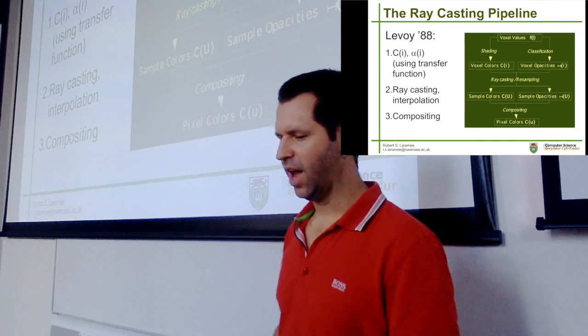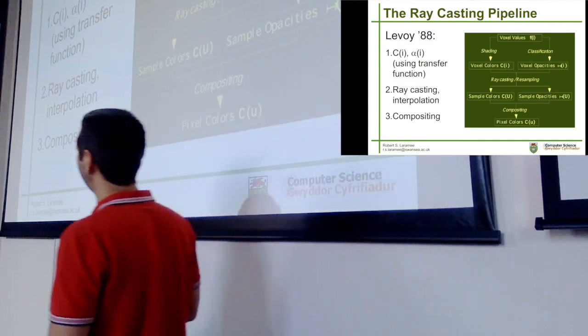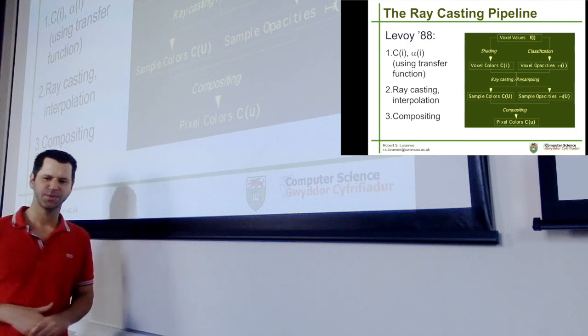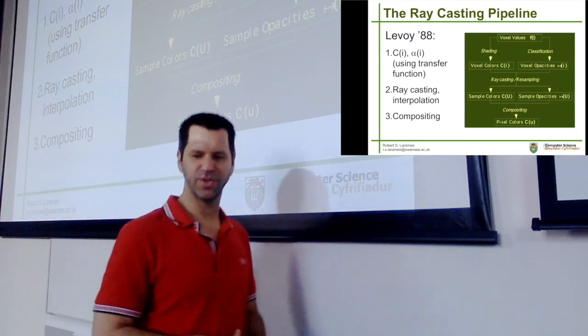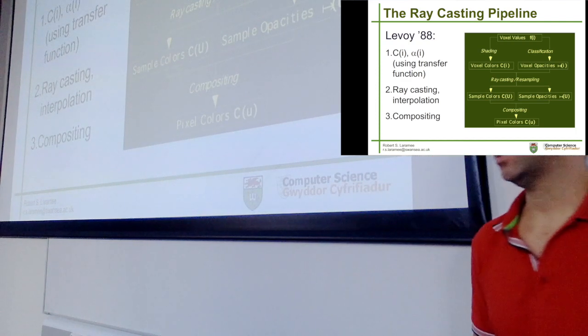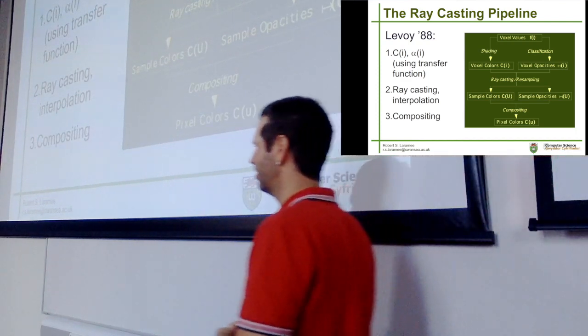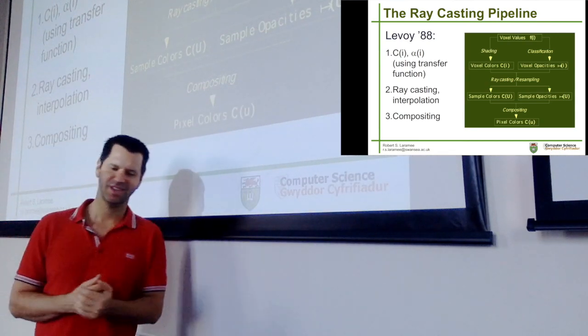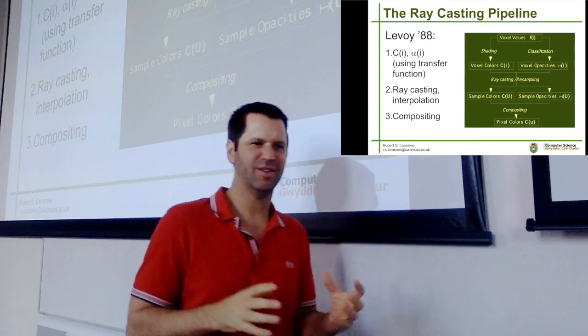Okay, so here's an algorithm to compute a ray casting image. You might be shocked to see that it's called the Ray Casting Pipeline, because we love pipelines in this module. I don't know, that's computing.